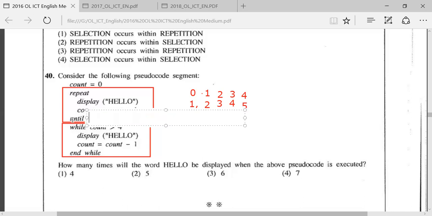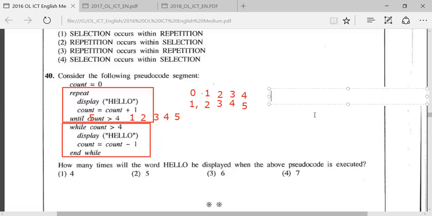5 greater than 4, true. Exit from the loop. So already 5 times hello was printed. Now the count is 5. 5 greater than 4, true. Hello. So 6th time.